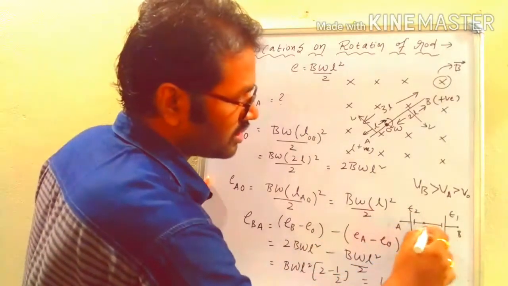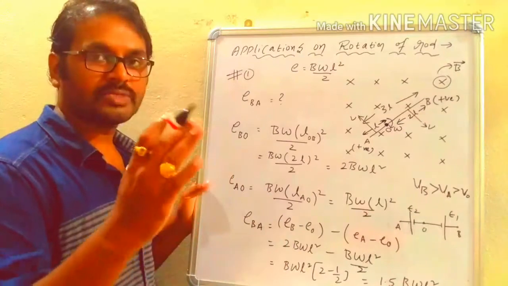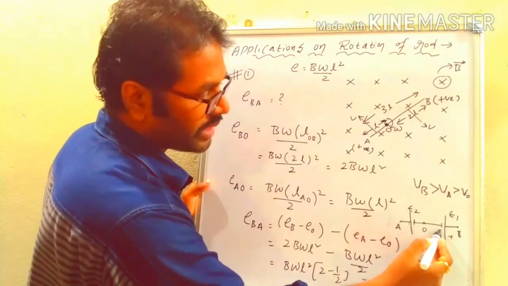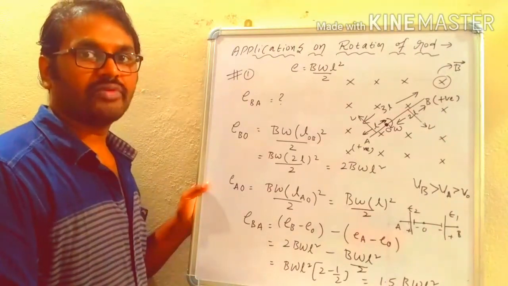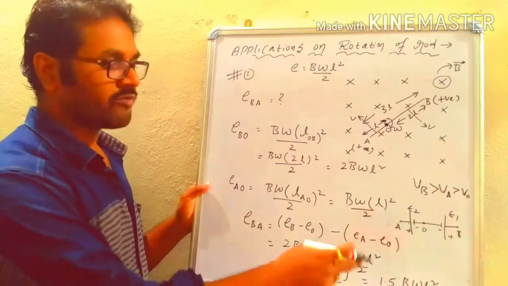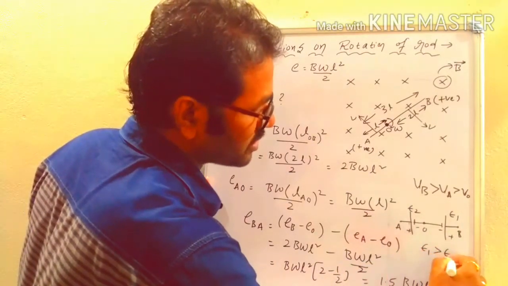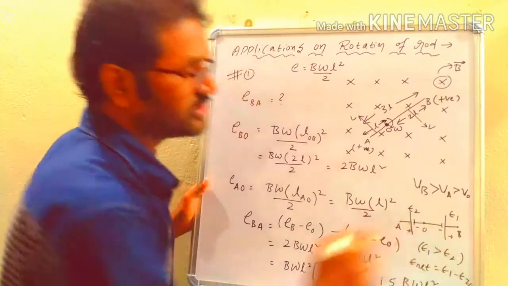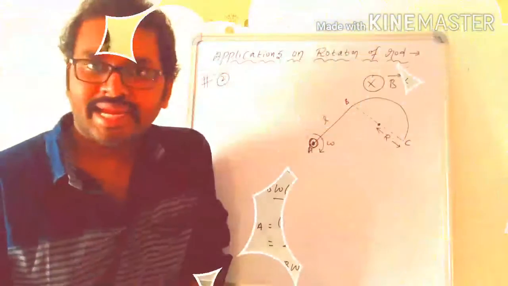These two cells are not in series in the sense of plus-minus; you get positive polarity with negative, and negative followed by negative and then positive. So to find the effective EMF, we need to take the difference of these two EMFs. Clearly, the E1 magnitude is more than E2, so the effective value is E1 minus E2, which is nothing but the answer, 1.5 times B omega L square.